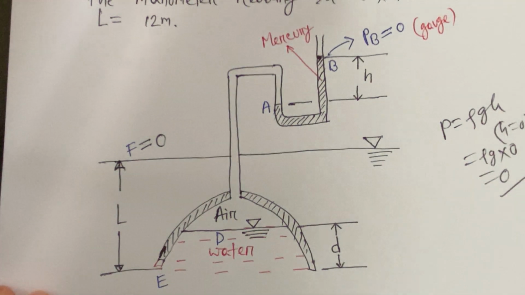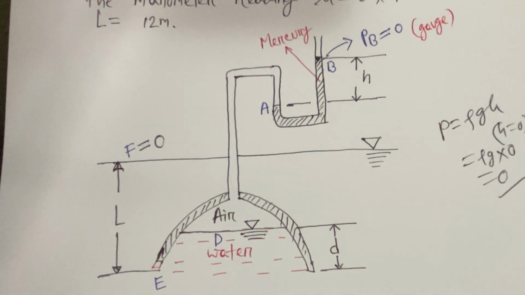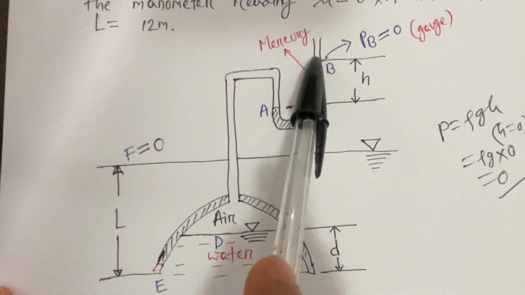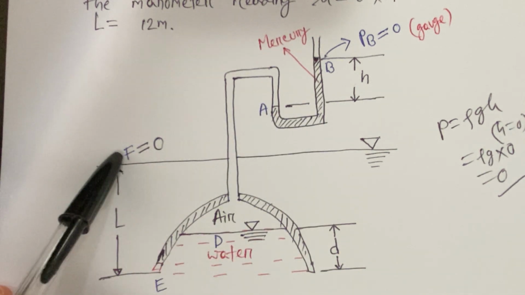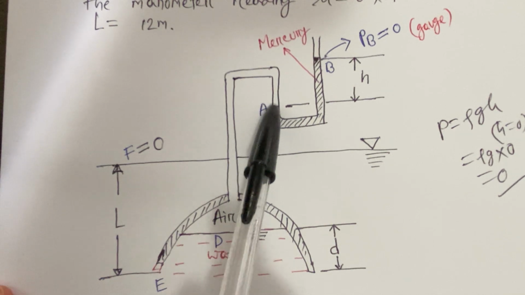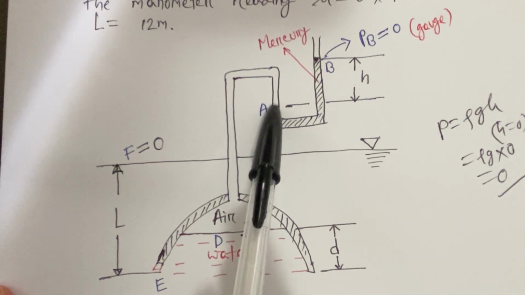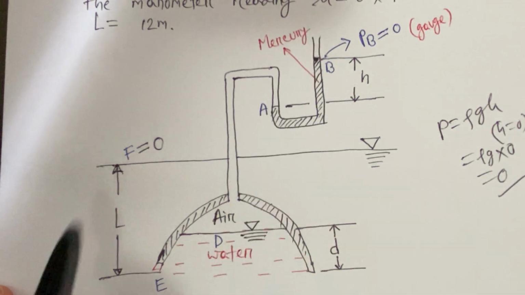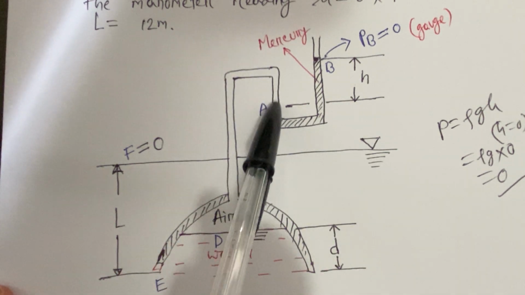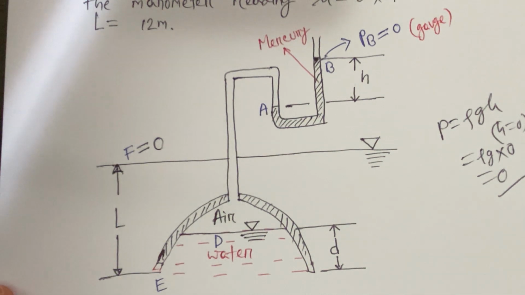I believe you are now clear: the pressure here is 0, the pressure here is 0. But here you see the pressure at this point is not 0. It is not open to the atmospheric pressure, it is inside the tube, so at this point there should be some pressure.